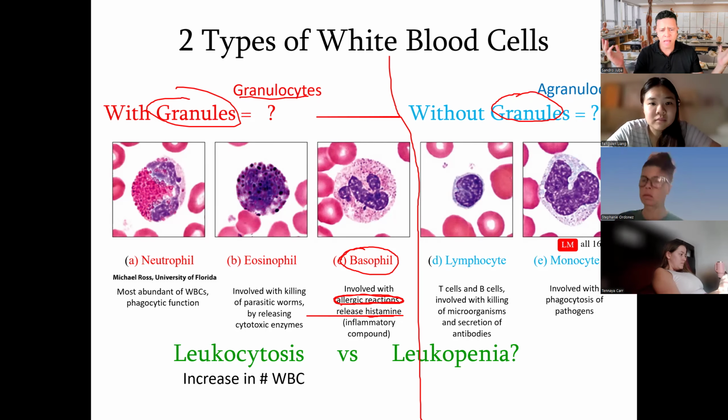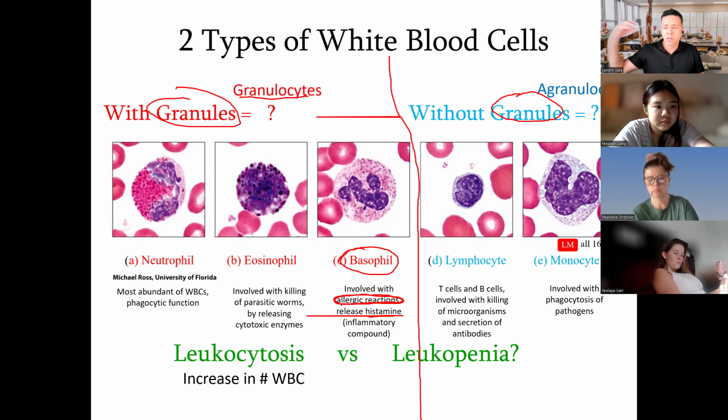Infection? Yes, an infection. Every time that you're fighting an infection, every time that you have a cold, every time that you cut yourself and you have microbes inside of your body, that is going to lead to an increase in the white blood cells so that they can fight that infection.